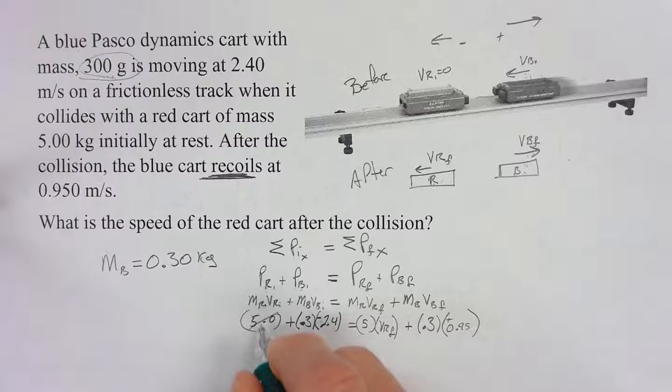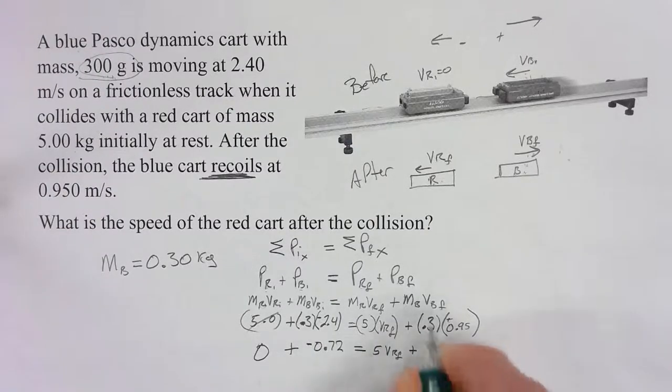So, we know that that one's 0, 5 times 0 is 0. 0.3 times 2.4, plug that in your calculator, and we get negative 0.72. That's the momentum at the beginning. This is 5 times VR final. We still don't know that. 0.3 times 0.95 is a positive 0.285.